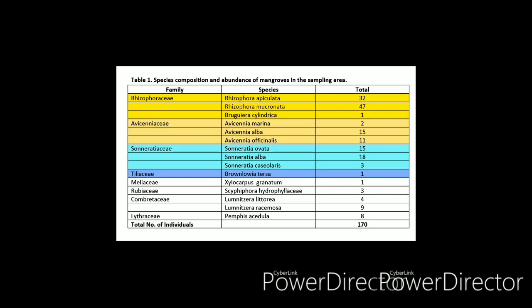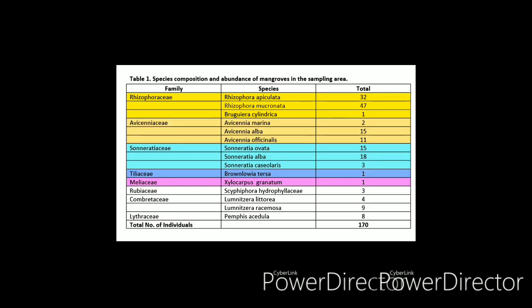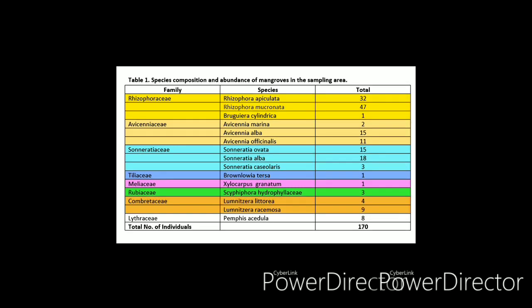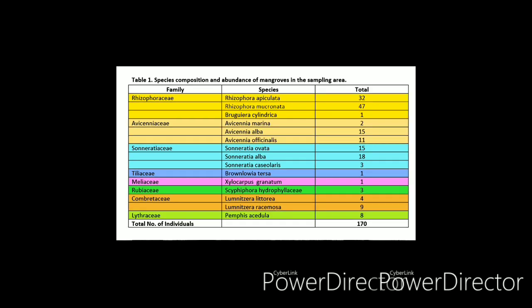And then, we have family Thalliaceae, and the species is Brownlowia tersa with 1, Meliaceae with the species Xylocarpus granatum with 1 also, Rubiaceae, Scyphiphora hydrophyllacea with 3, Combretaceae, Lumnitzera littorea with 4, Lumnitzera racemosa with 9.